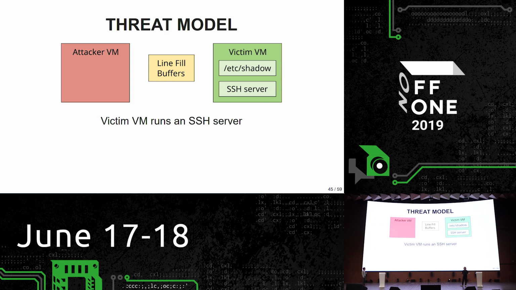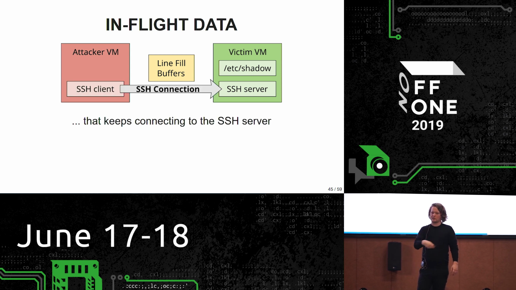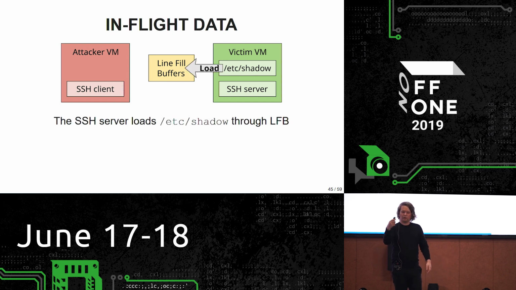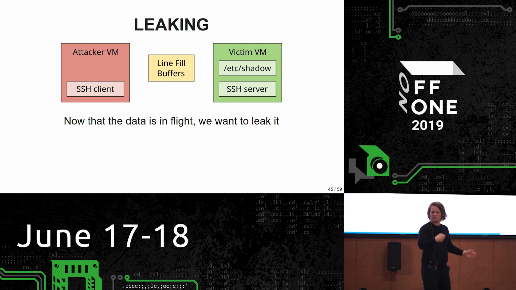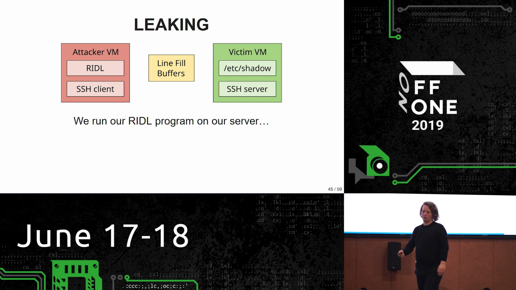So you always want to access your VMs. So how can we get the etc shadow in flight? It's a simple idea. On our attacker VM, we have an SSH client repeatedly set up connections to the victim VM, which will load the etc shadow into the line fill buffers. And now, similar to the previous attack, the etc shadow is in flight. And we can, of course, leak it with the exact same RIDL program that we had.